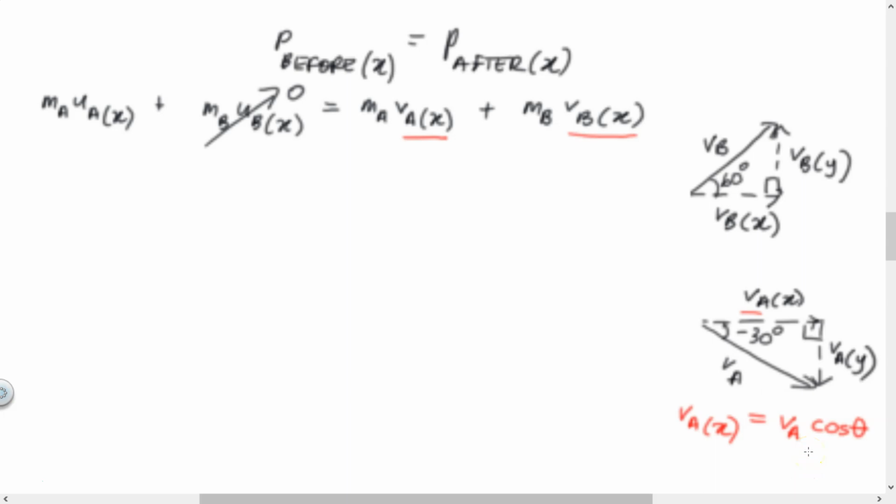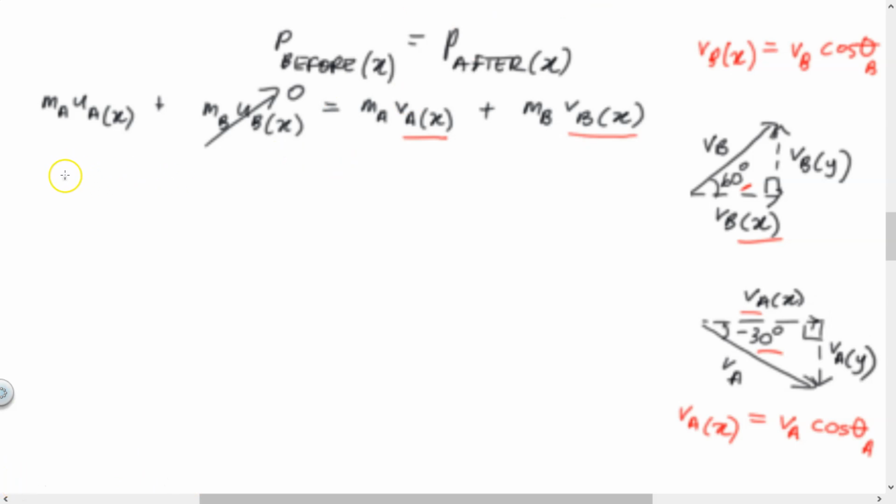And for the velocity of B in the x direction, we can say that it's the velocity of B cos theta. I should put B, the angle we're talking about for each of these. So theta B is this one. So we can write this into this equation.